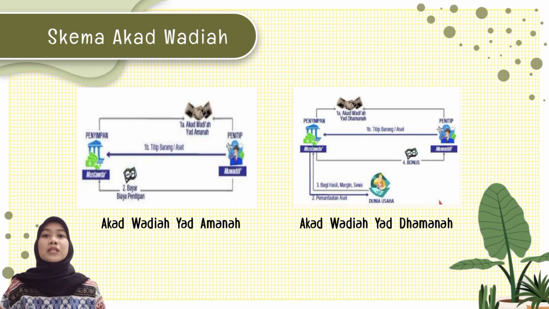When viewed from the scheme above, the goods are assets that are deposited and turned over by the bank in a business, which then generates profit that is specially intended for the bank. The bank's decision to give a bonus or not depends on the bank's own policy.